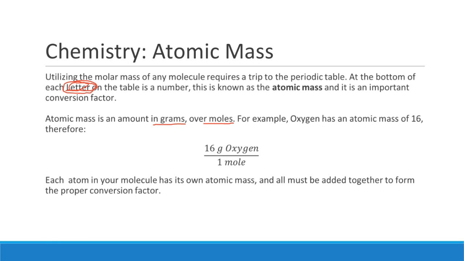So each atom in your molecule has its own atomic mass, and all must be added together to form the proper conversion factor. I think my next example is going to show that a bit more clearly. When we go back and think about NaCl, that's sodium and chloride. Just like hydrogen and oxygen needed to be added together for H2O, we're going to have to do the same to find the molar mass of sodium chloride as well.